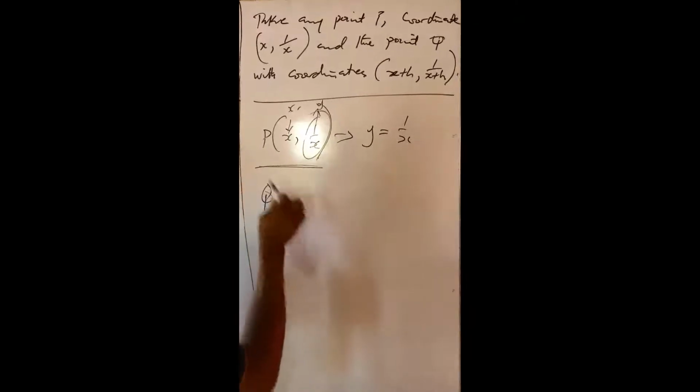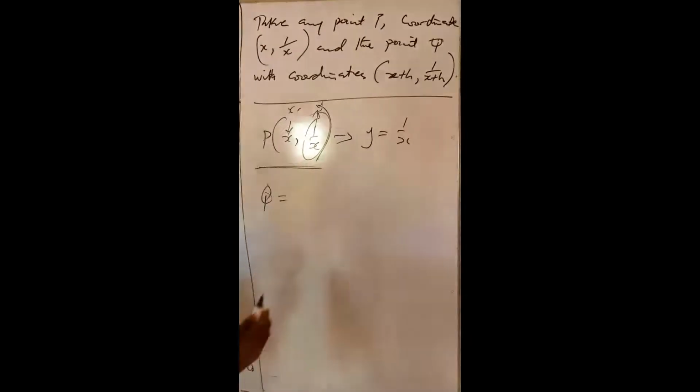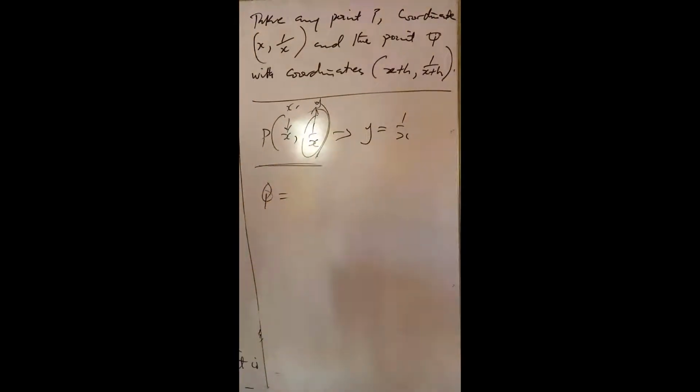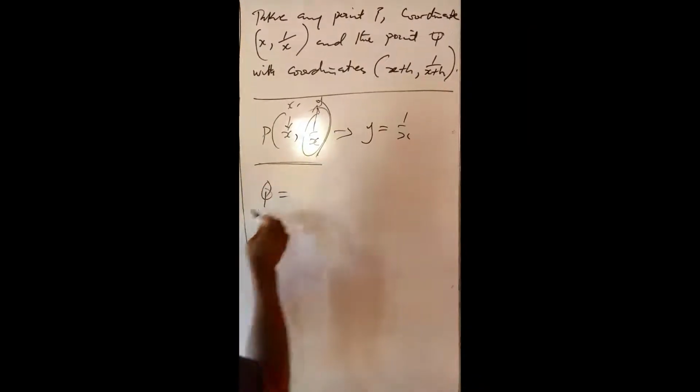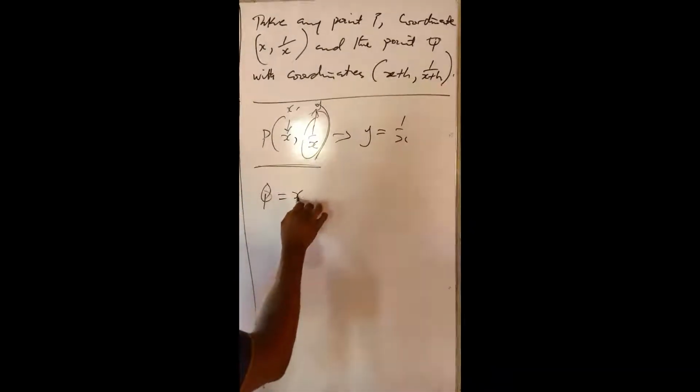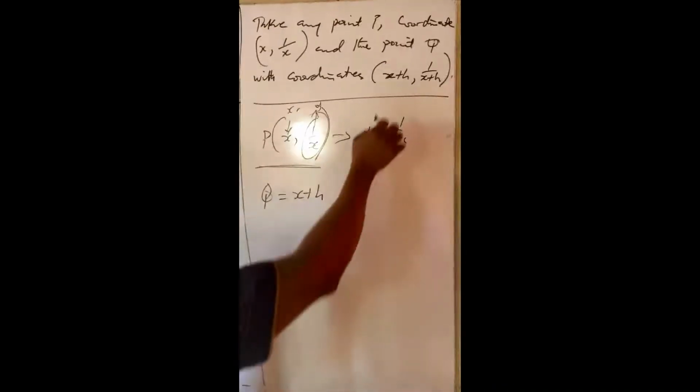For Q, because we have known that the difference is that there is an h added to the point x, the x coordinate, as related to Q, is simply x plus h. That is what we are getting here.